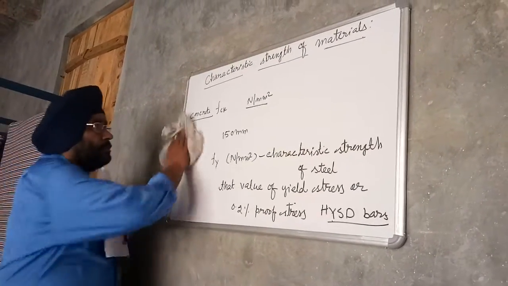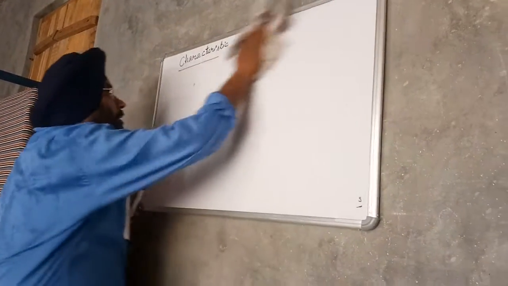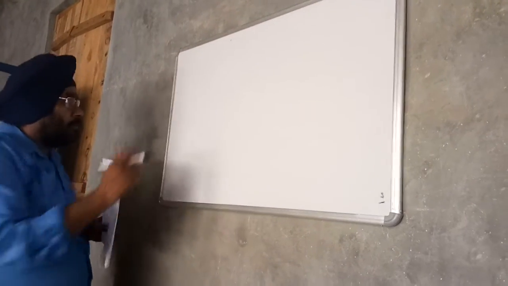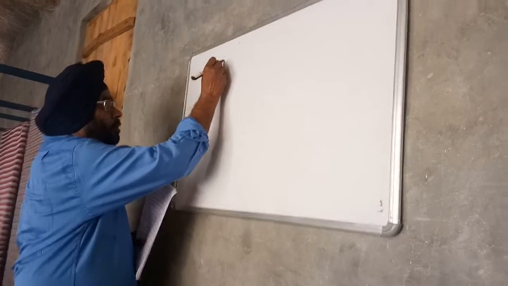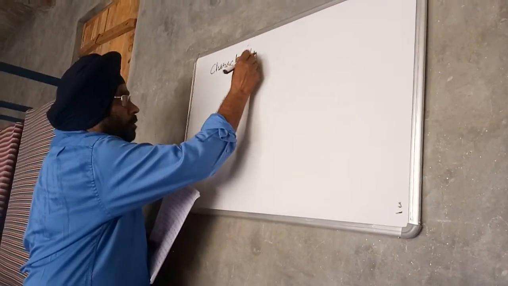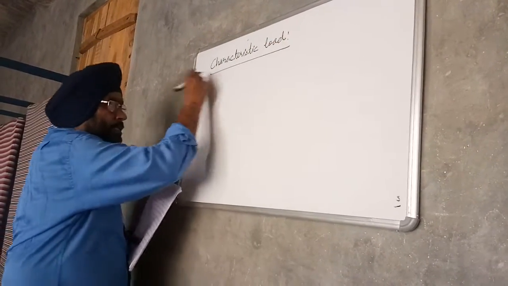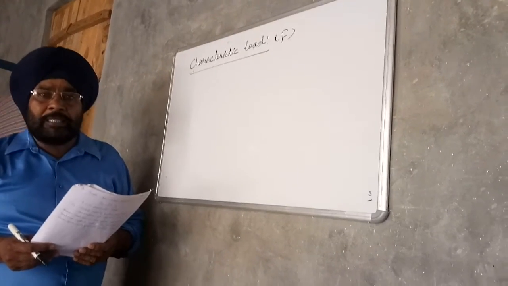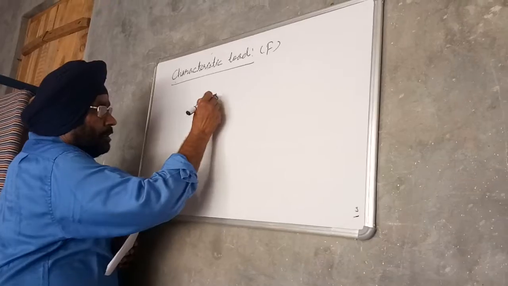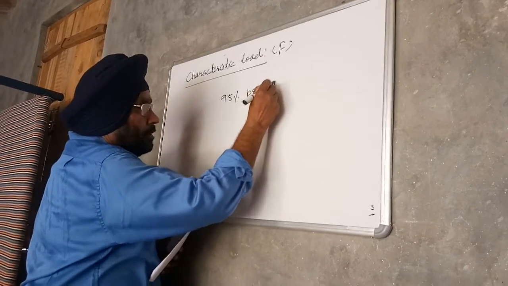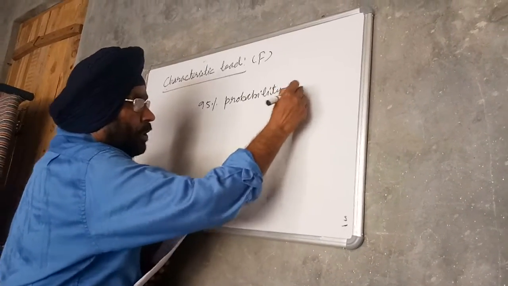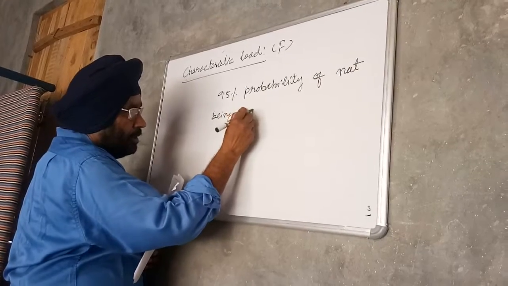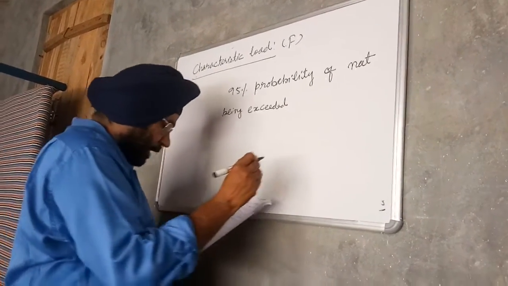So next is characteristic load. It is denoted by capital F. The term characteristic load is defined as that value of load which has 95% probability of not being exceeded during the life of the structure.